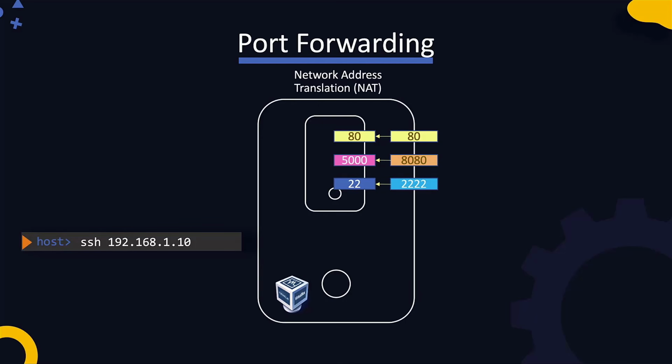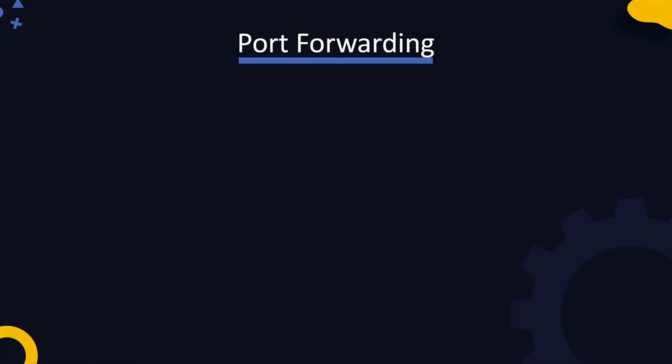Then you can simply SSH to the loopback IP address of the host and port 2222, and that will in fact forward those requests to port 22 on the VM, and you should be able to SSH into that. So this way you can have multiple VMs and multiple different services running on them, and you can map those services to ports on the host.